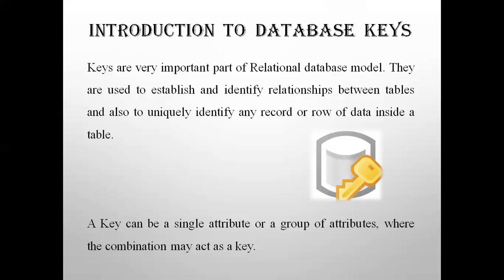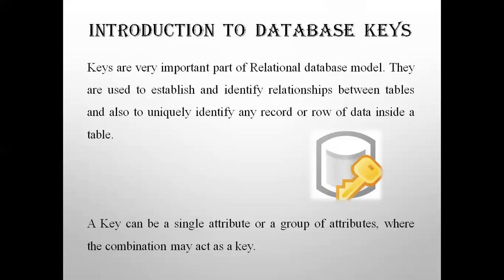Keys are a very important part of the relational database model. They help you uniquely identify a row in a table by a combination of one or more columns in that table. They establish and identify relationships between tables and also uniquely identify any record or a row of the table data inside a table.